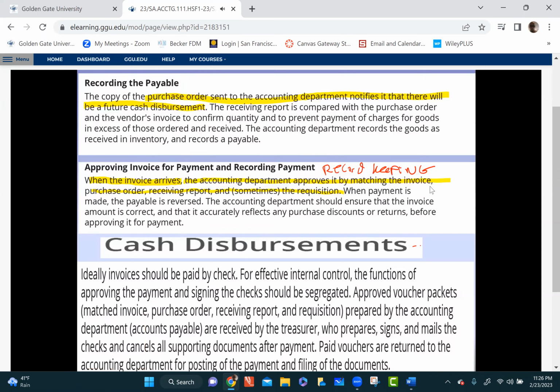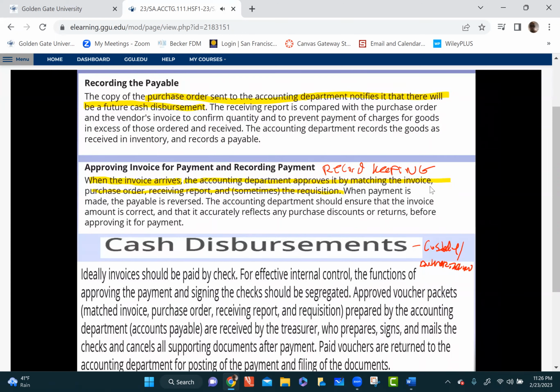No, because it needs to be separated. Good. Now we need a separate what? A separate custody, authorization of the cash, right? Custody and authorization to pay.